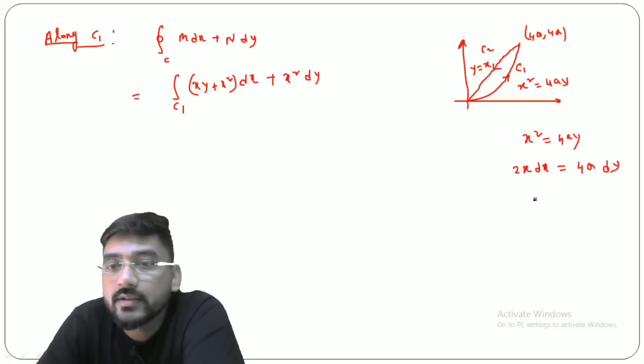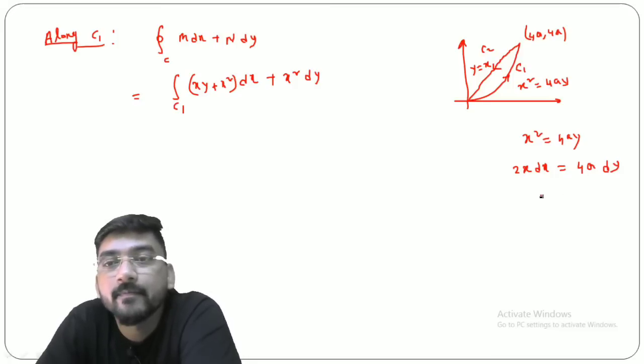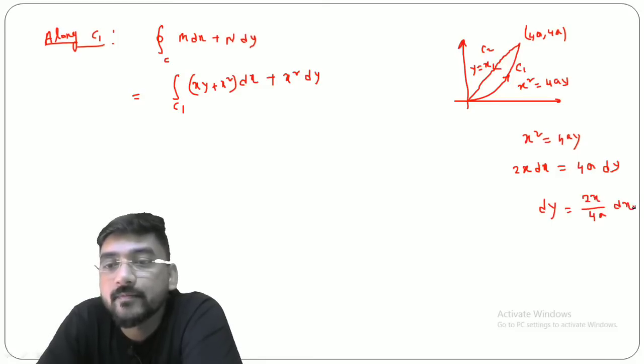So dy will be 2x by 4a into dx, that means x by 2a into dx. So that will be your dy.